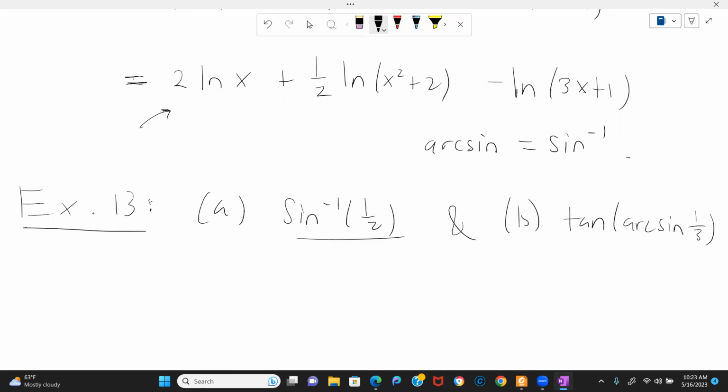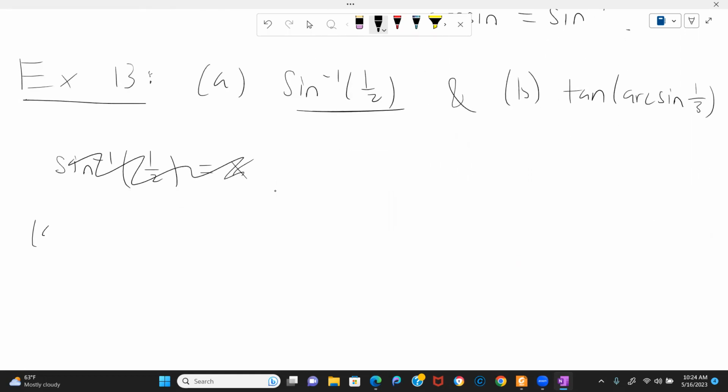All right, to figure this out, we're going to set it equal to some number. So sine inverse of 1/2 is going to be equal to x. That's actually theta. We're going to work on part A first.